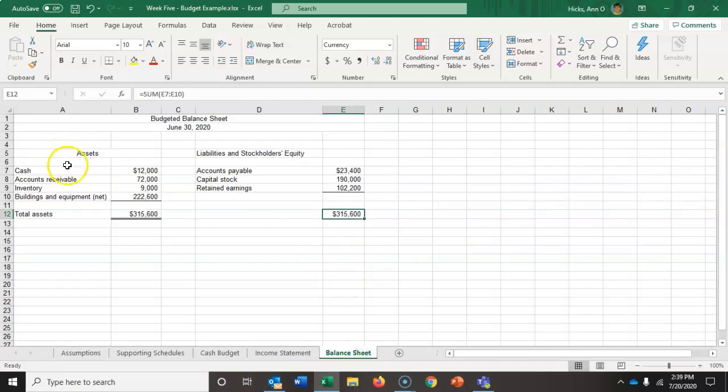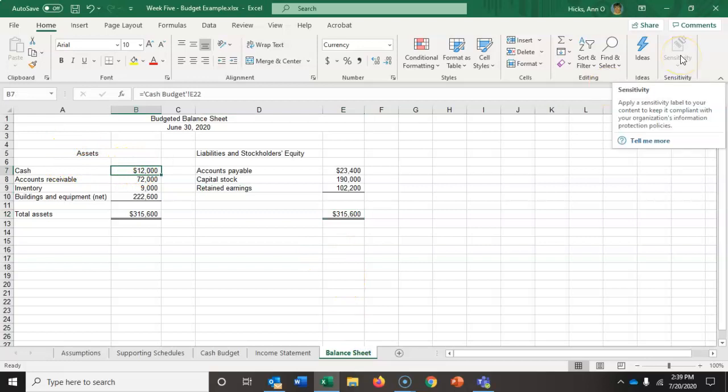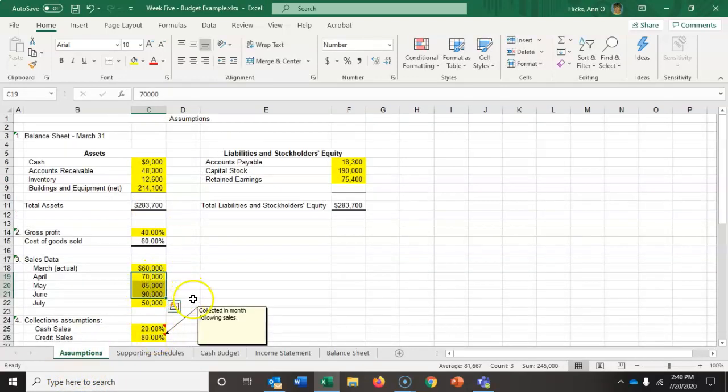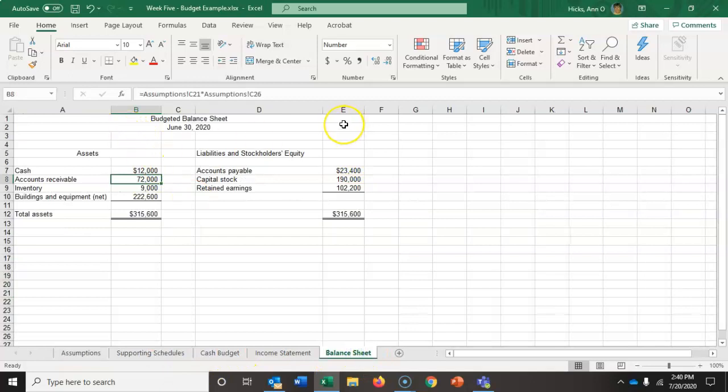Lastly, let's look at the balance sheet. Cash, well, that came from our cash budget, the $12,000 we ended with. Accounts receivable is a function of June sales. Remember that anything that isn't the credit sales we make in 1 month, we're assuming will be collected the next month. So if we take the 80% of credit sales and multiply it by June sales, that should be our accounts receivable at the end of June.